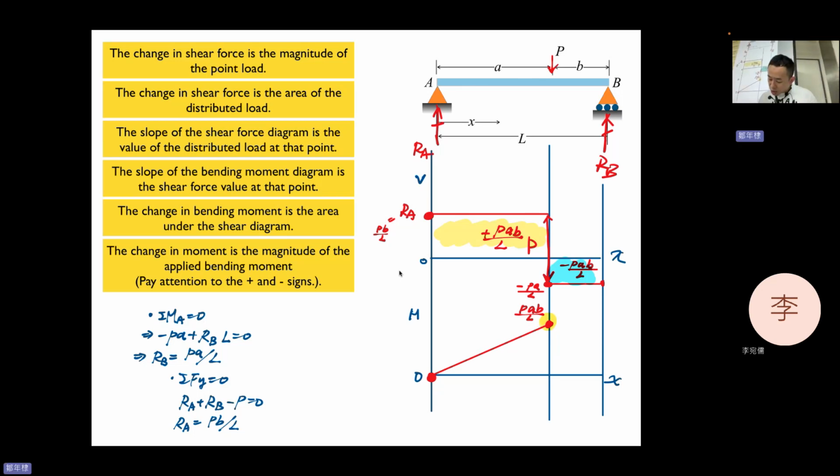Okay, and the change is minus PAB divided by L, so it will make it back to 0. And of course, the value of the shear is constant and negative, right? So the slope is negative and a straight line. So yeah, that's it.